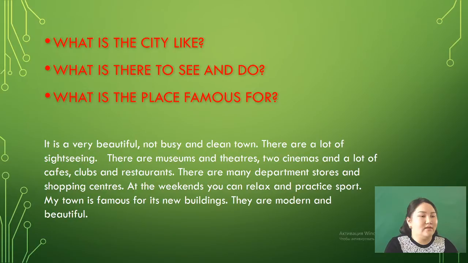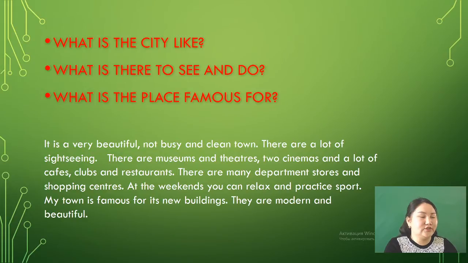There are museums and theaters, cinemas, and a lot of cafes, clubs, and restaurants. There are many department stores and shopping centers. And at the weekends, you can relax and practice sport.